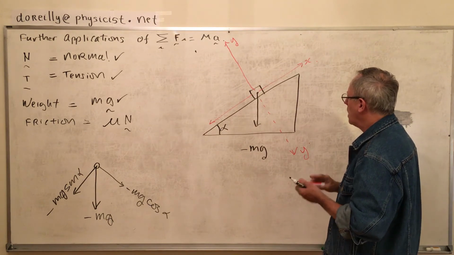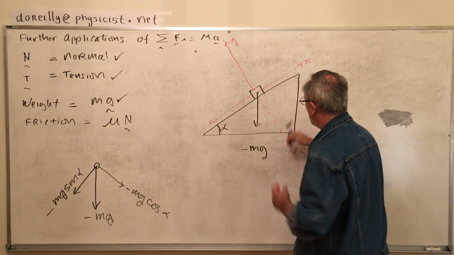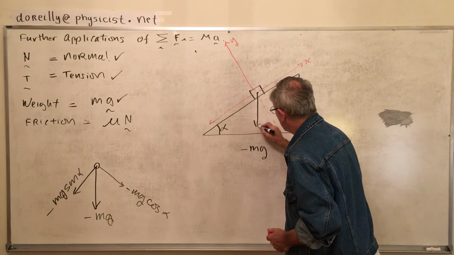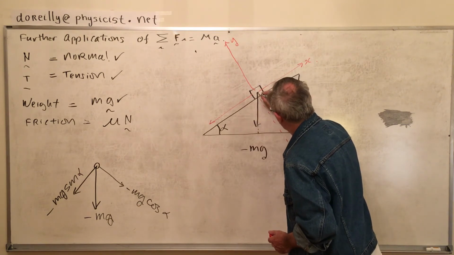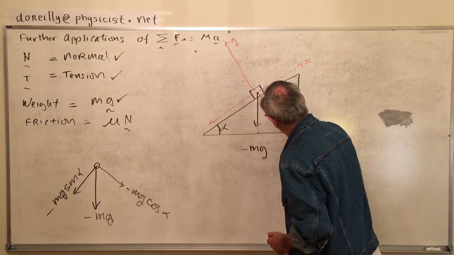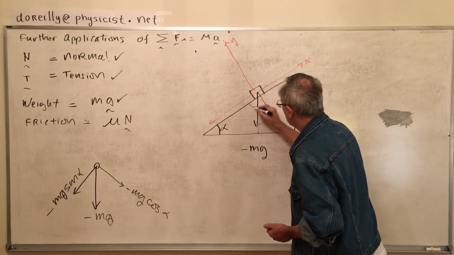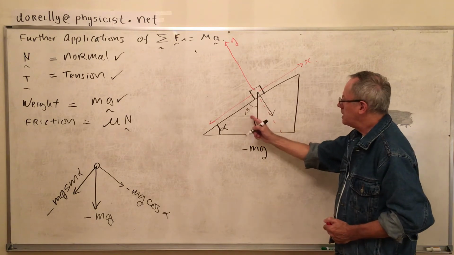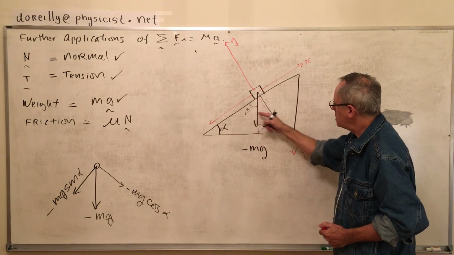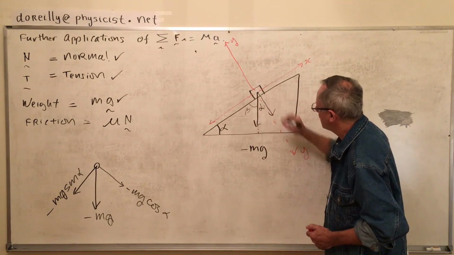Now we ask the question, what is the component of force this way? Well, let's see what this angle is. If that's alpha, there's our component of force. Here's beta. Beta is 90 minus alpha. There's 90. So therefore, that's alpha, right?